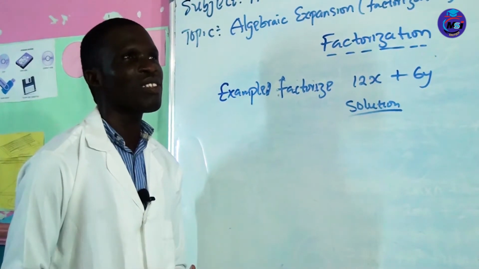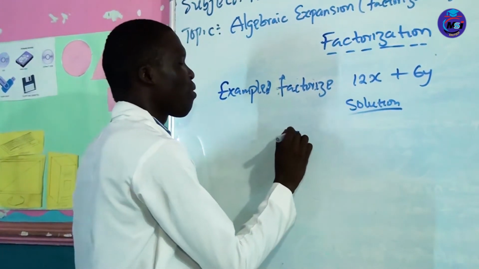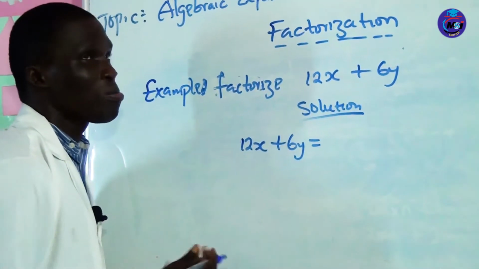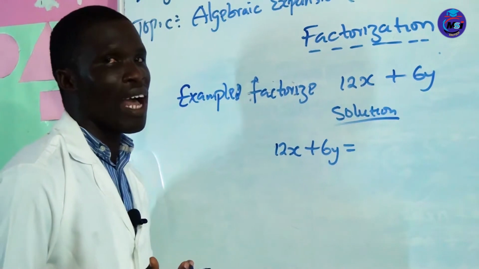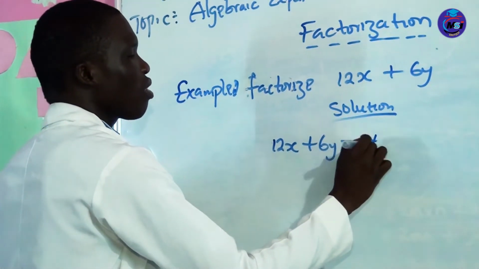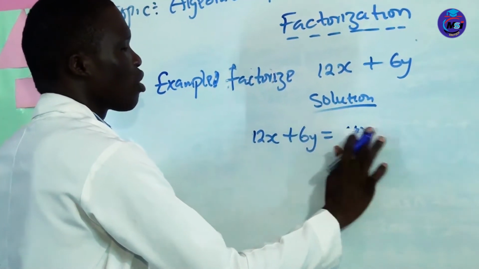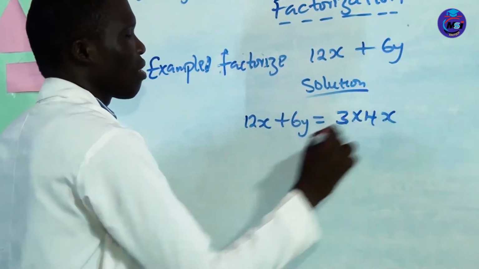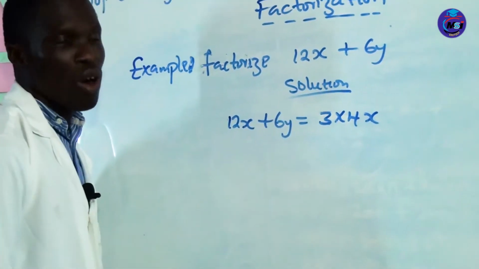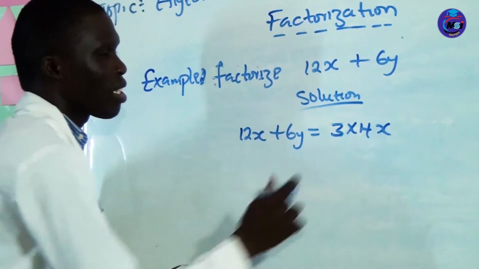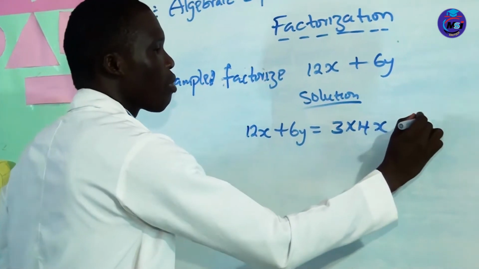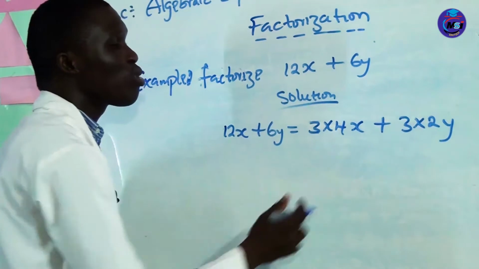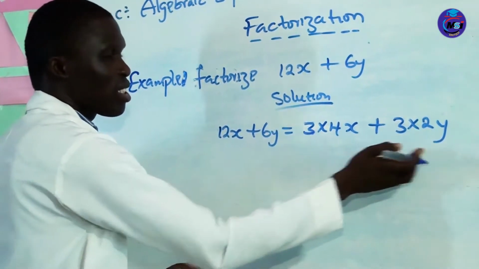So you have to think. 12x plus 6y equals, can I think of 4 and 3? 3 times 4, my x. 3 times 4 will give me 12, I still have 12x. Plus 3 times 2, y. 3 times 2 will still give me 6, which is 6y.